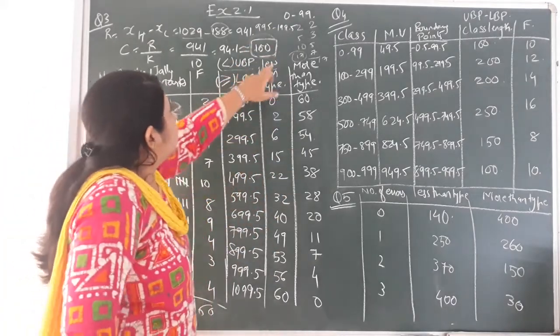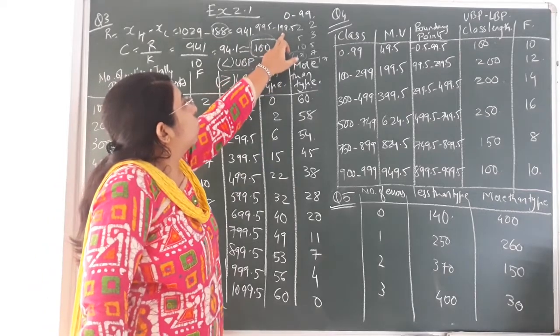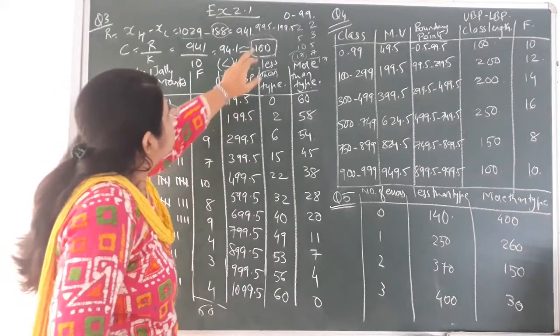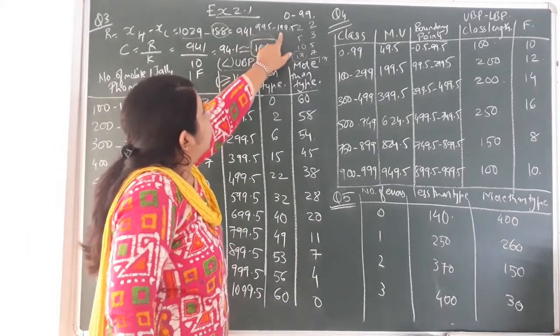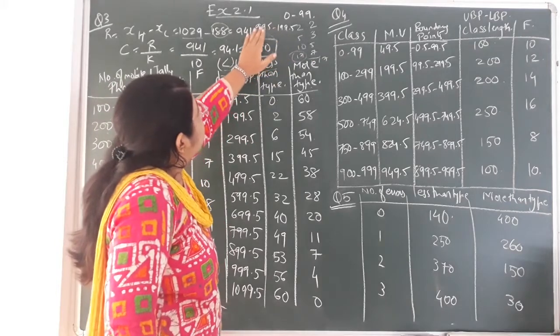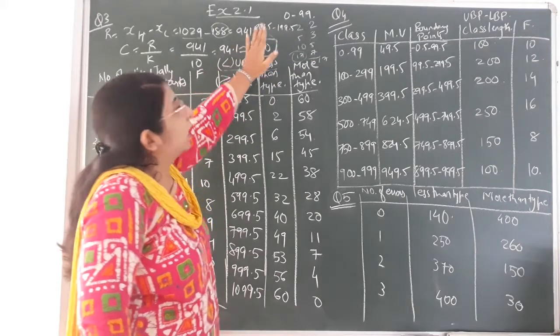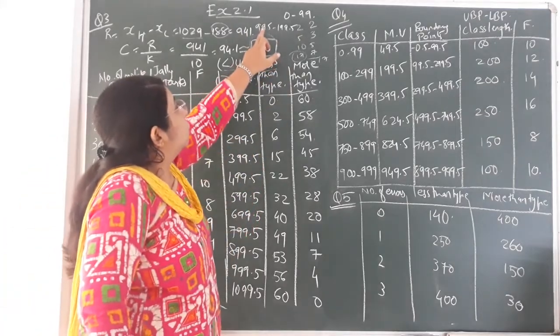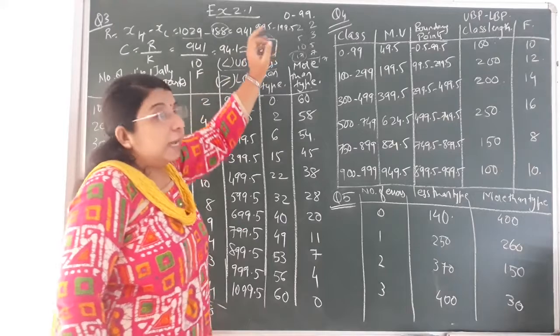Now less than upper boundary, what would be the upper boundary point? That is 199.5. But less than upper boundary point means, if we take 199.5, it will not include the values which are less than 99.5.